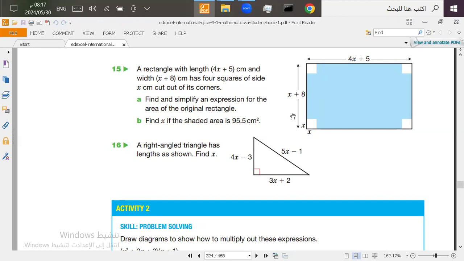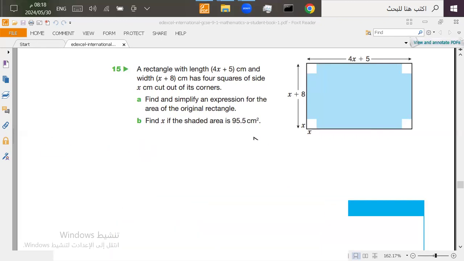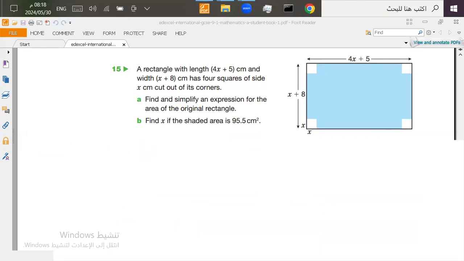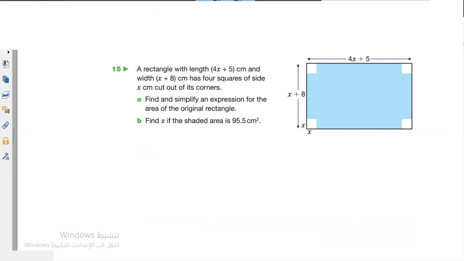Find and simplify an expression for the area of the original rectangle, all of it, and then find x if the shaded area is 95.5. So same idea. Let's cover this first. So first, we're going to find an expression for the whole area, and then we're going to use it to find the length of x.